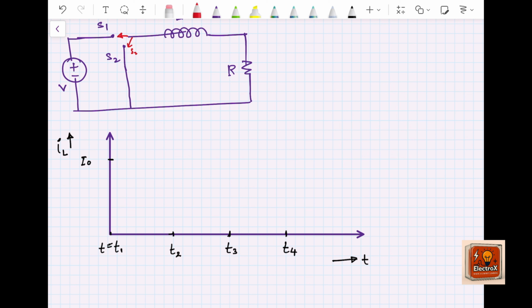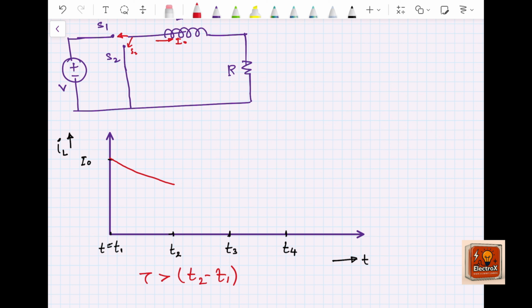We are assuming that initially the current through the inductor was I naught, so it will start decaying with a time constant tau. But let us assume that the time constant is much greater than the switching interval, which is T2 minus T1.